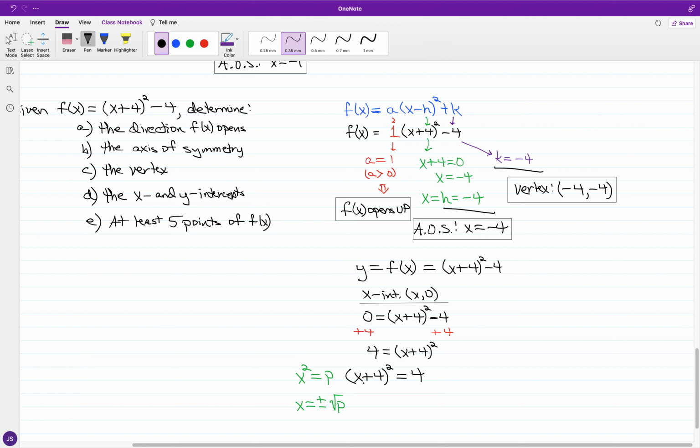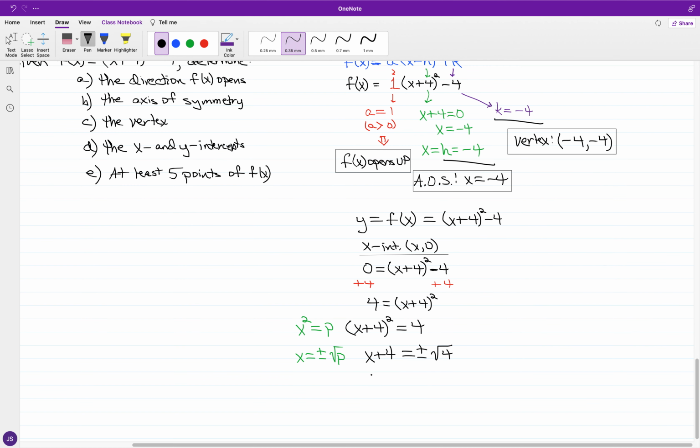So the expression is x plus 4, going from the square of x plus 4 to x plus 4. I have x plus 4 is equal to plus or minus the square root of 4. The square root of 4 is 2, so there'll be two destinations for x. One is where we have x plus 4 equal to -2, and the other where x plus 4 is equal to 2.